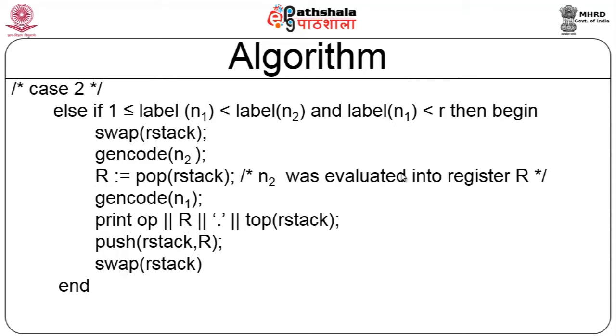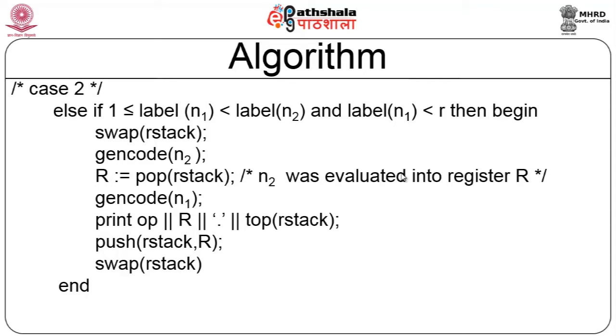Then I call gen code of n1 with whatever is available in the stack now. Then I use a command operator r, which is the popped stack content, dot top of r stack. So top of r stack will have the n1 evaluated, and this r has n2 evaluated. So I will issue a command operator, which is the interior node's label, with n2 followed by n1.